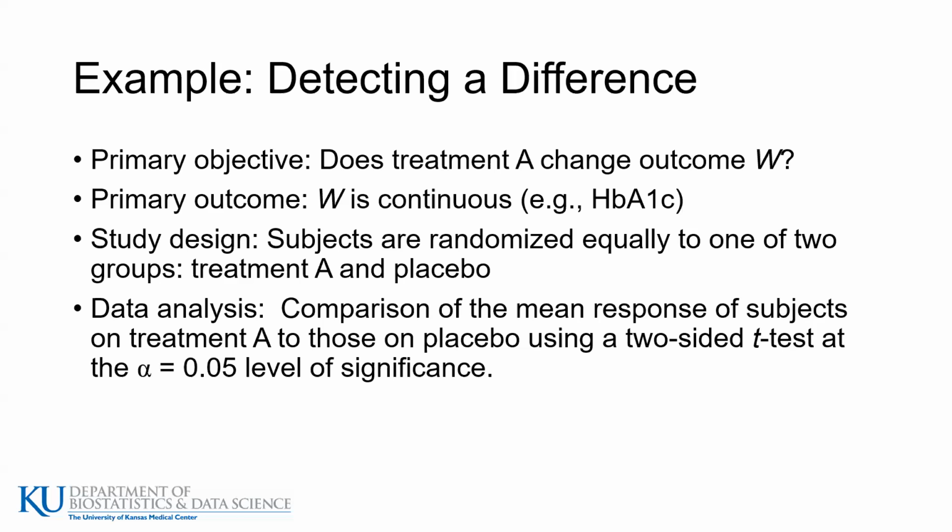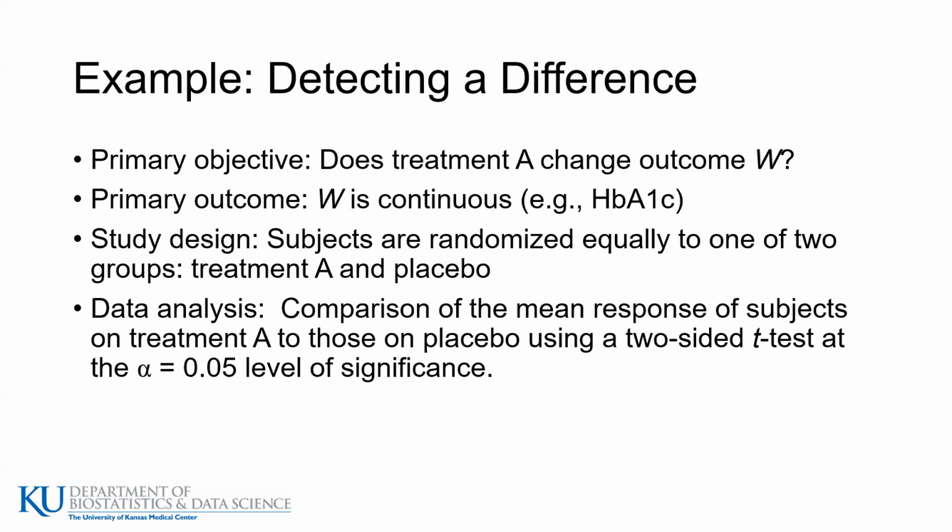To give an example of a sample size calculation where we want to detect some difference between two continuous outcomes, we'll look at a study where the primary objective is: does some treatment A change the outcome W?